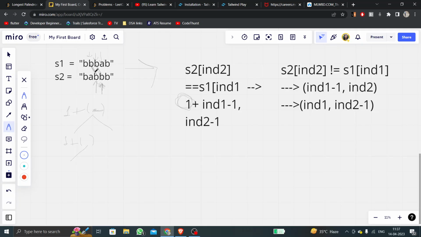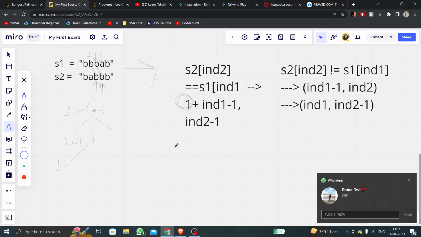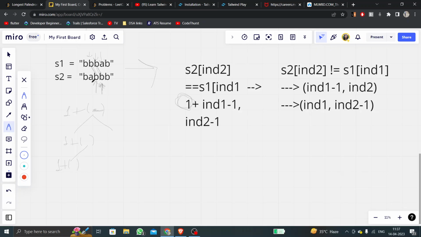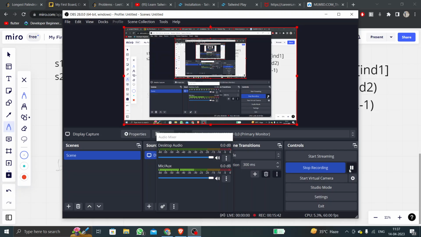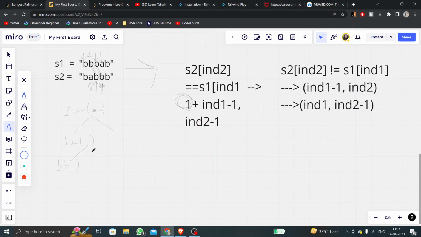Now I see these two characters are the same again, and I go to here. These are the cases that we are running.